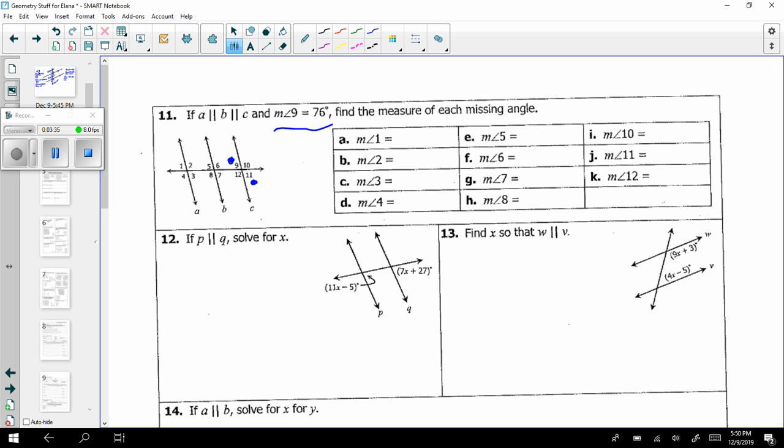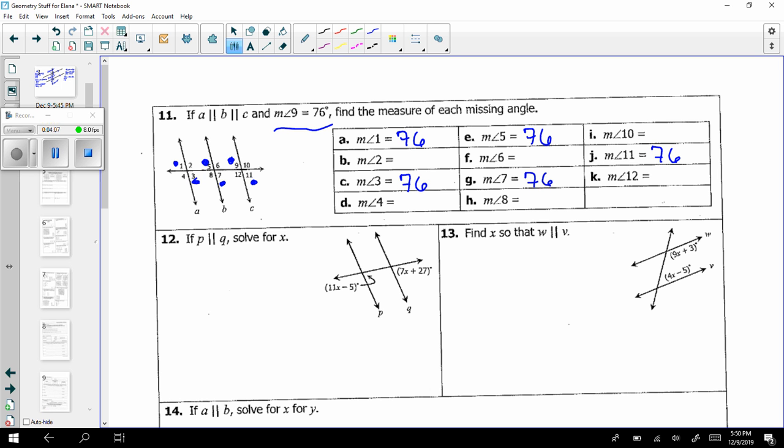From there, I can jump and find each corresponding angle. So these are all congruent to angle 9, and those are all 76 degrees. So if angle 9 is 76, angle 1 is 76, angle 3 is 76, angle 5, angle 7, we already know angle 9, and then angle 11.